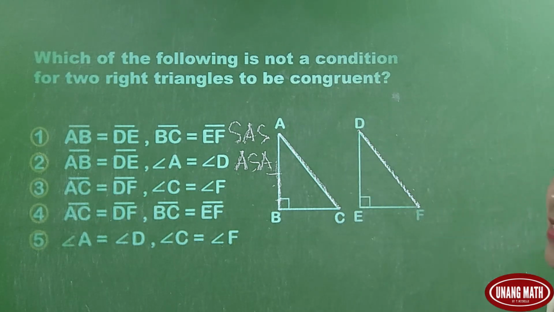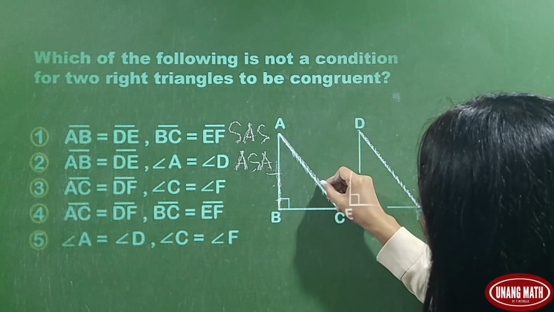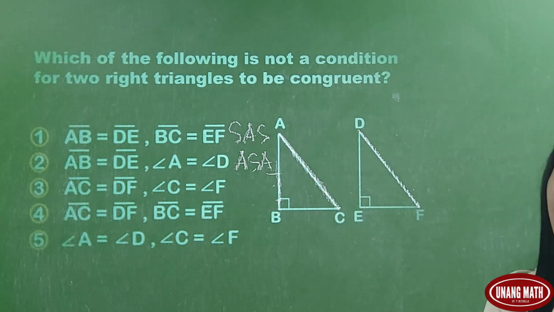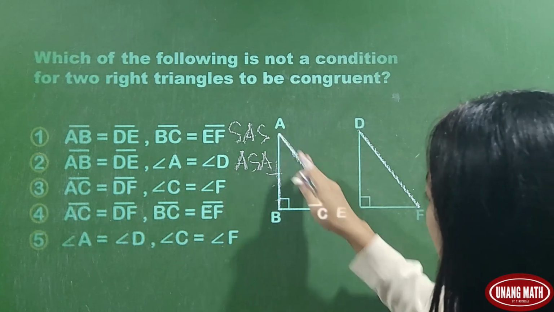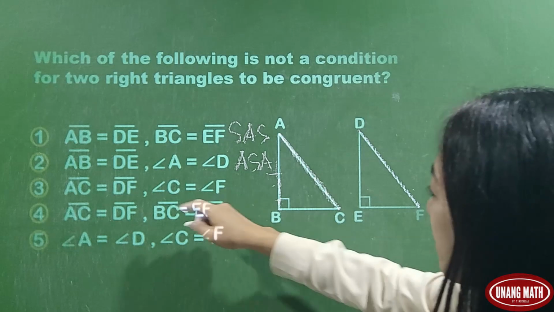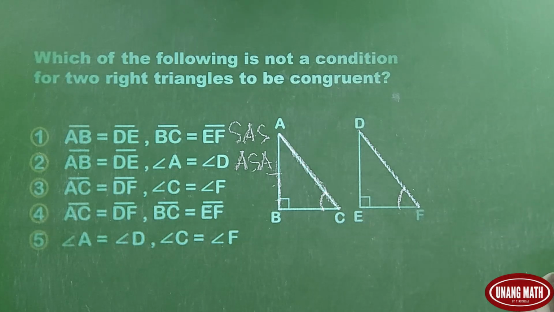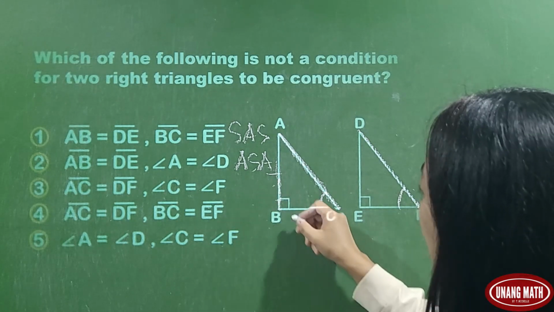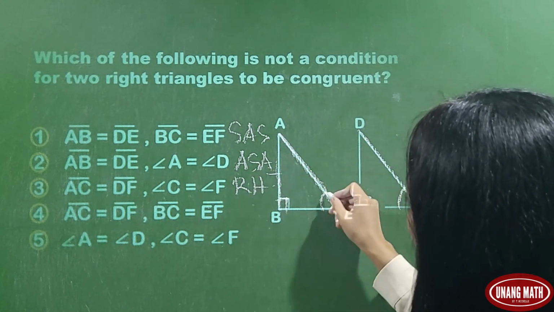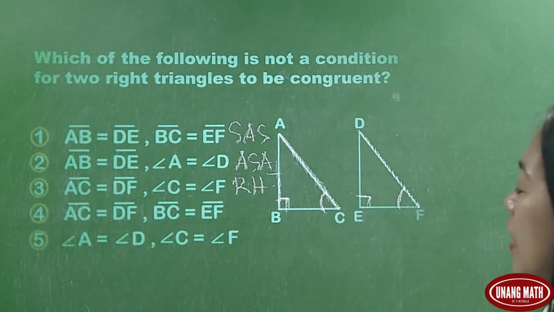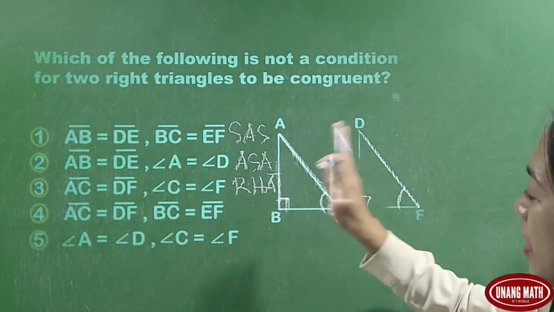As you can see, segment AC is the hypotenuse of this right triangle. Segment DF is also the hypotenuse of this right triangle. So AC is equal to DF. And angle C is equal to angle F. So this is the right angle, so R, hypotenuse, H, and these angles are equal. RHA congruence. So number 3 is RHA congruence.